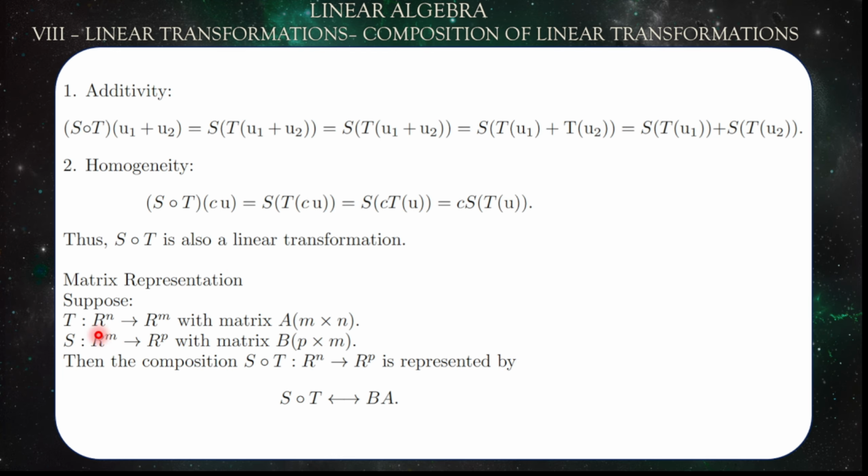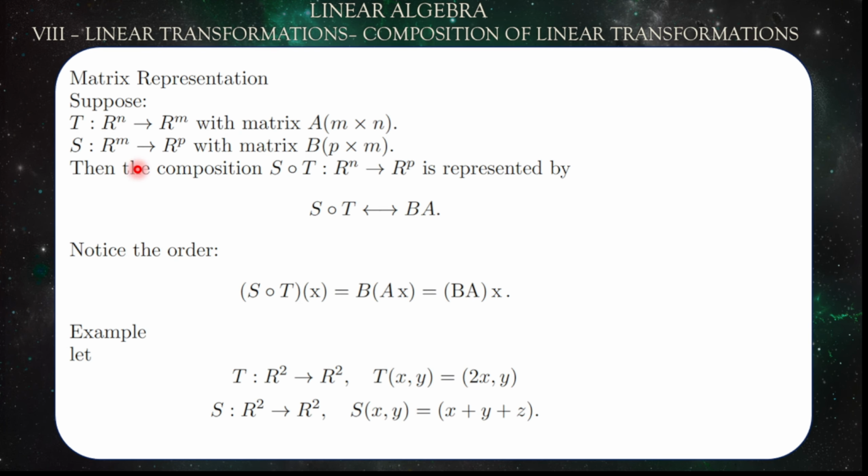Matrix representation: suppose Rn is being transformed into Rm with matrix A (m by n), and Rm to Rp with matrix B (p by m), P number of rows, M number of columns.